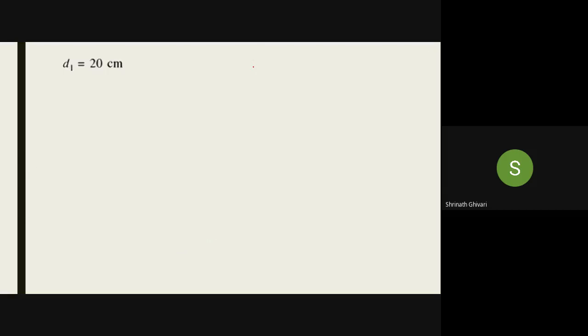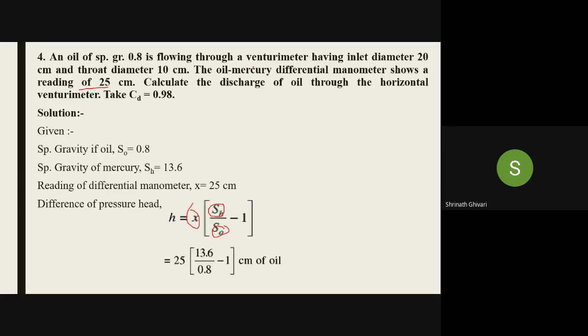D1 equal to 20 centimeter. Area is how much for this? This diameter 20 centimeter and throat 10 centimeter. So we have got H. Next you have to calculate A1. What is A1? 314.15 centimeter square.